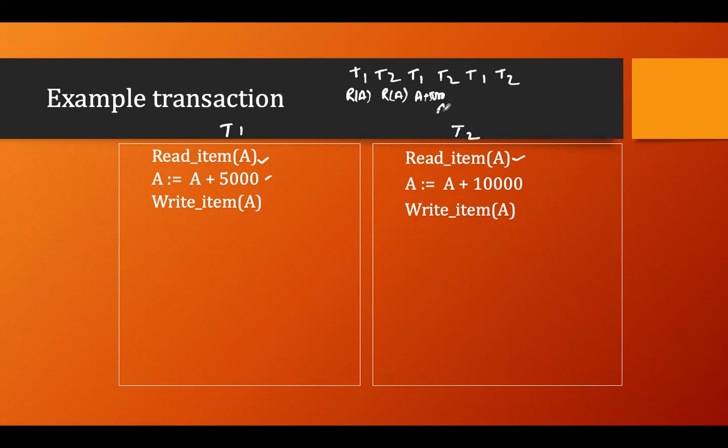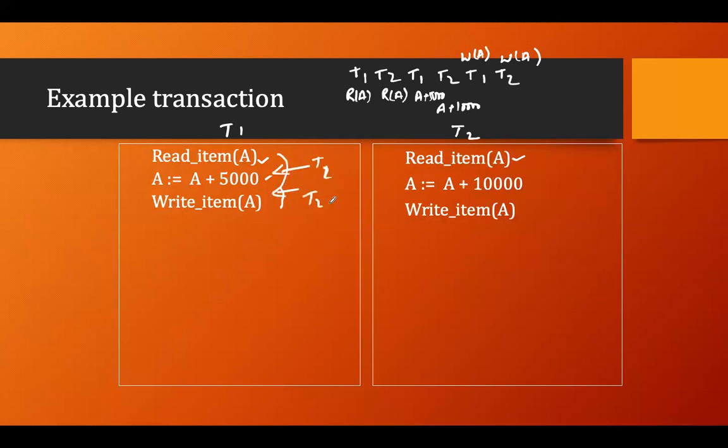Here a modification has been done with 10,000. Some other operations have been executed here. In that way, execution takes place in a concurrent system, which we are talking about. So some of the operations of this may be interleaved inside some of the operations of that.